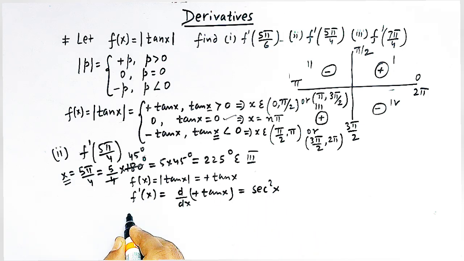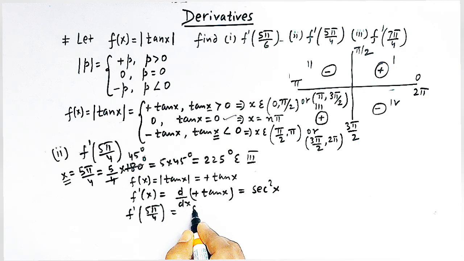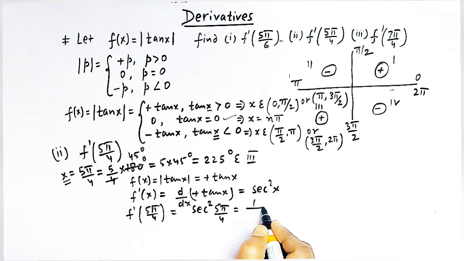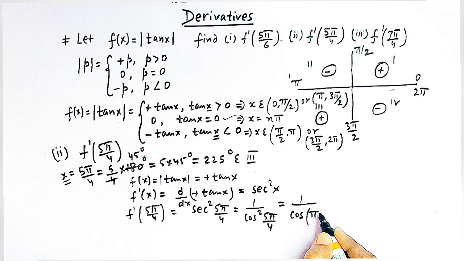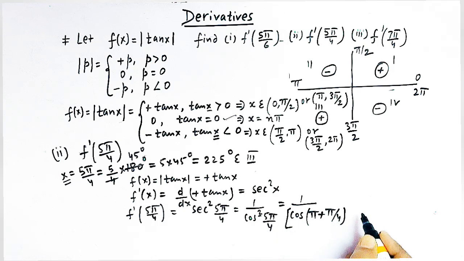Now taking x is equal to 5 pi over 4, we have secant square 5 pi over 4, and this is 1 over cos square 5 pi over 4. Now again we can use trigonometry, so we can write cos pi plus pi over 4, because pi plus pi over 4 is 5 pi over 4, and here we have the square, right?